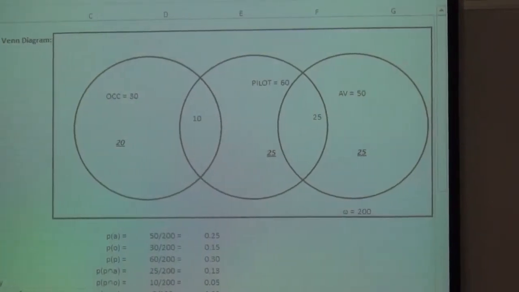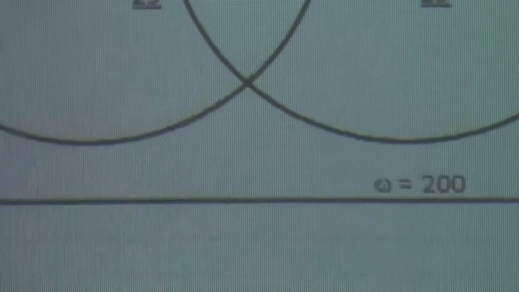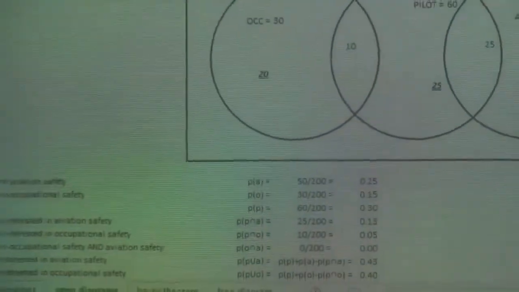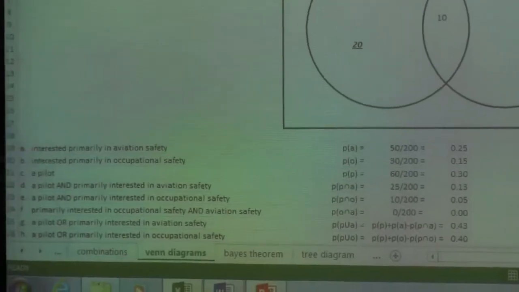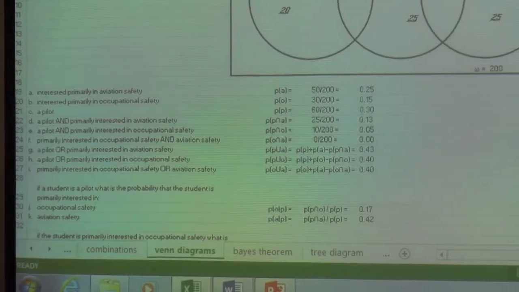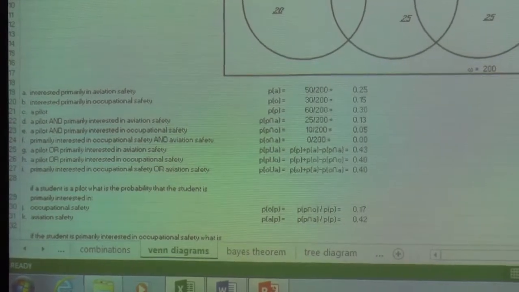So the probabilities of each, based on that Venn diagram. Is that too small for everybody to see? See that okay?